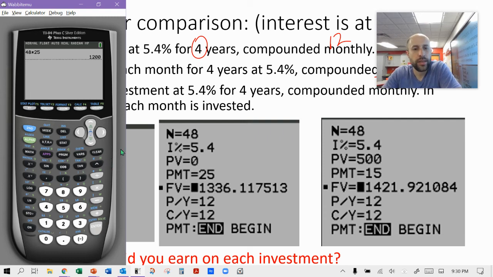That's 1,200. So over the course of those 4 years, we put $1,200 of our own money in, and the total of the account was $1,336. So that only gained us $136 in interest.